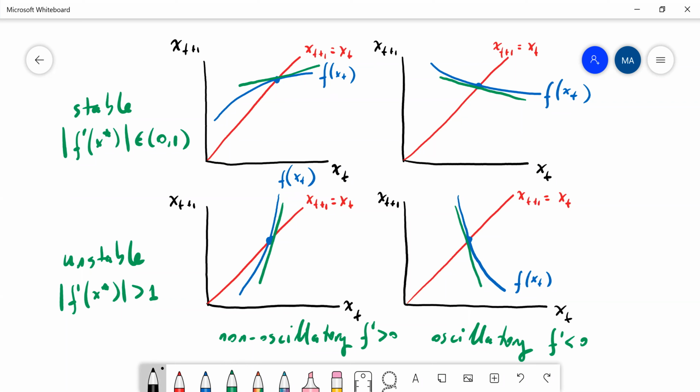Now, in the case of non-oscillatory movements, you have something like this. Suppose that this is x0. Then you find x1 here, right? So this is x1. Then you find x2 here, so this is x2.